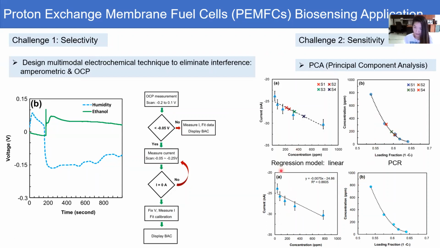As you can see in the linear regression model, when the concentration is very low, the current signals overlap to a great degree. After the PCA regression, at low concentration, the current signals don't overlap as much as before. The top two figures are the results from ethanol, and the bottom two figures are the results from isoflurane.